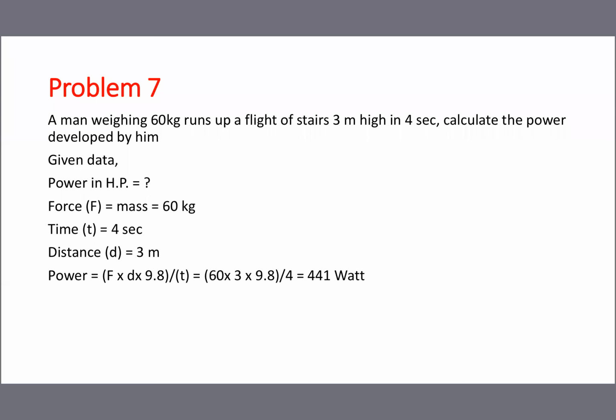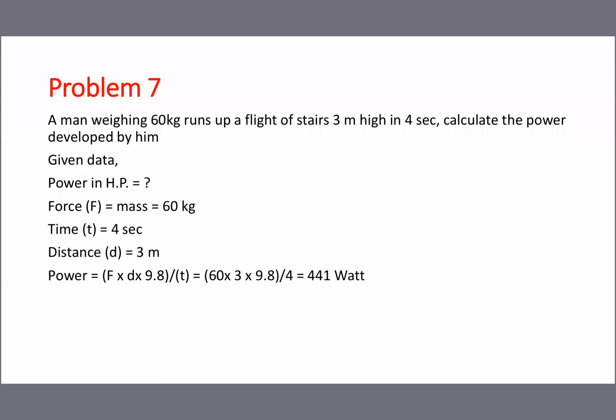There are steps, a ladder with steps. A man weighing 60 kg runs up a flight of stairs 3 meters high in 4 seconds. 3 meters traveled in 4 seconds. Calculate the power developed by the man.